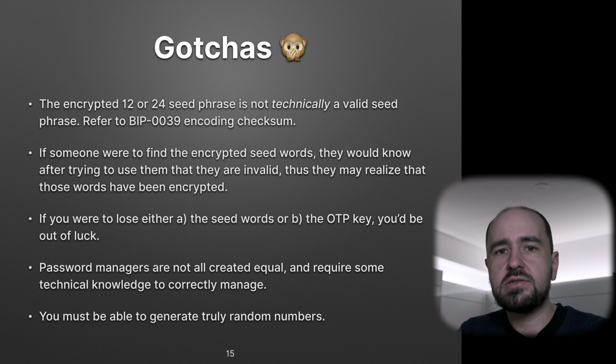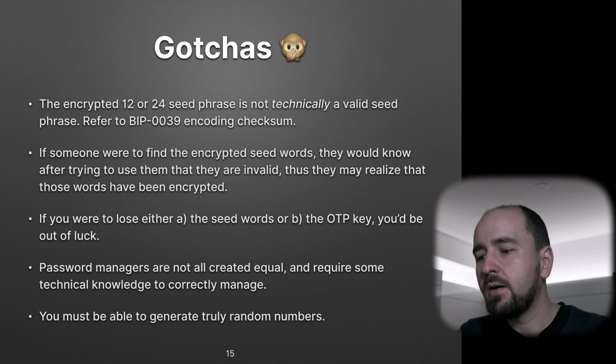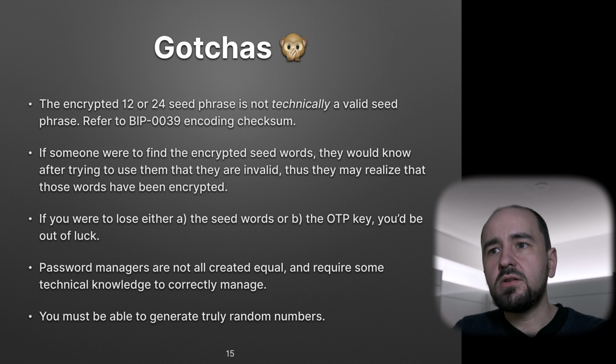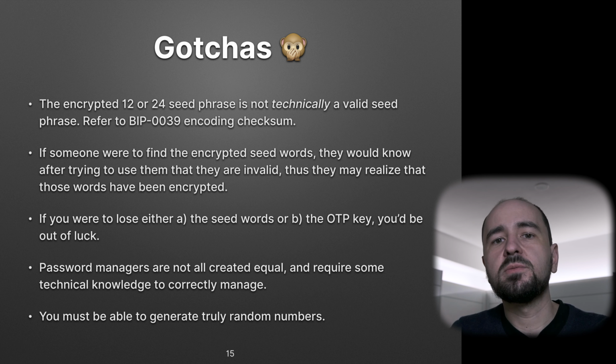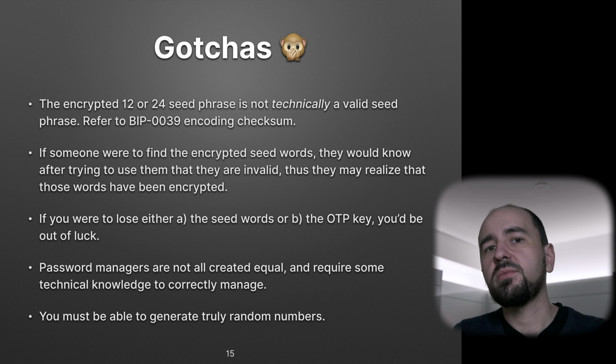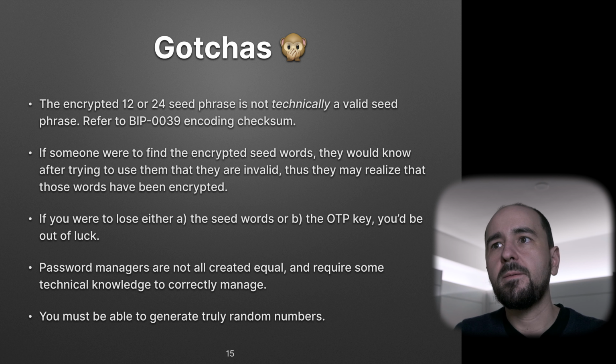Let's pretend you know the seed words because you have them written out on a piece of paper, the encrypted seed words, let's say. What that means is that you can't be coerced into giving up the OTP key or anything like that. The only way to get the OTP key, I guess, would be to extract it from the password manager. But I guess if you know the password to your password manager, then that kind of breaks down.